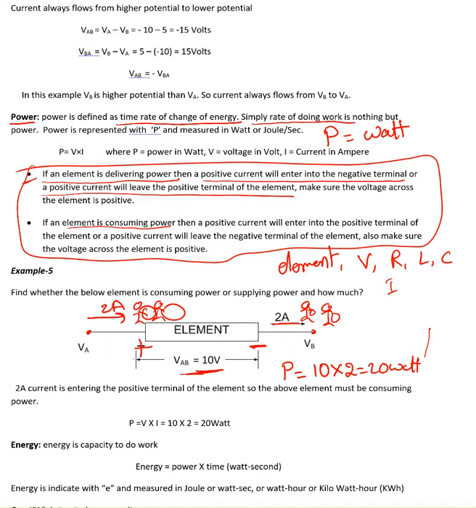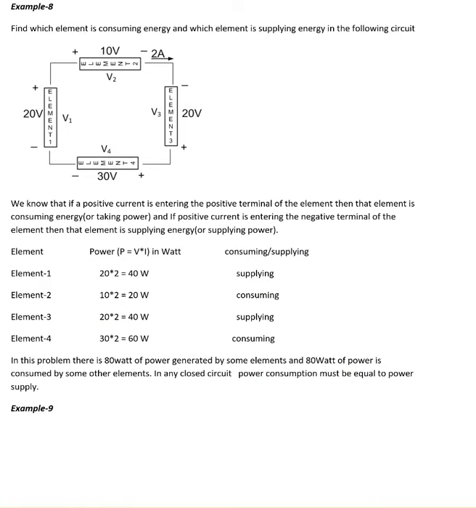Now I'll solve a couple more examples to find power. In this example, find which element is consuming power and which element is supplying power in the following circuit. Power and energy are the same, the only difference is the time.